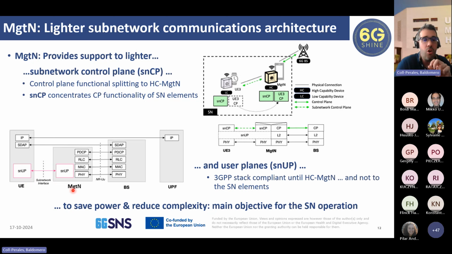And this allows to define lighter subnetwork control plane and user planes for these subnetwork elements, which will allow to save power and reduce complexity, which is one of the main objectives for the subnetwork operation in 6G-SHINE.